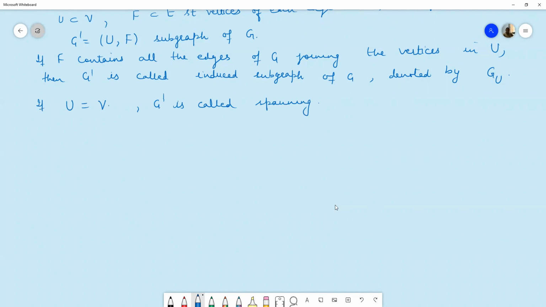It means an induced general subgraph of G is obtained by selecting some of the vertices of G and all the edges of G that join them.